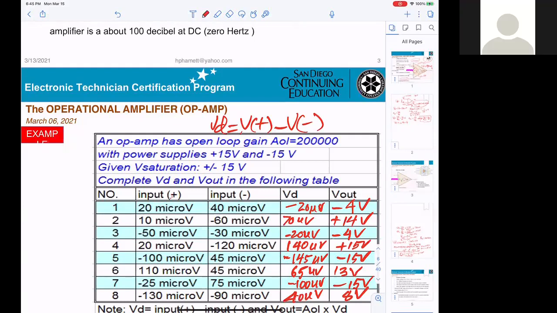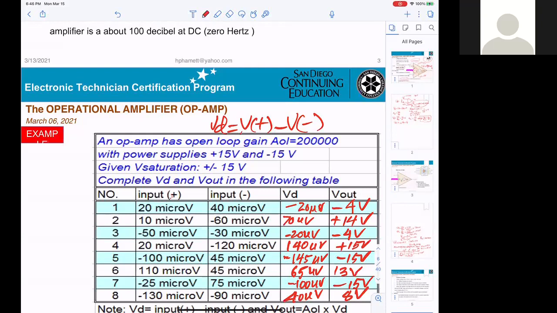I think the lesson here is that the output voltage of an op amp cannot exceed the supply voltages. So if you take the differential input and multiply it by the open loop gain, if the open loop gain makes the output greater than the supply voltage, then the supply voltage is the output.